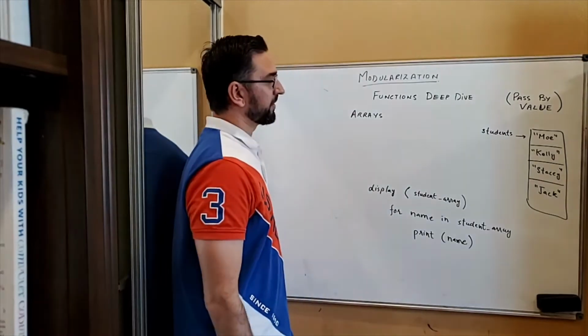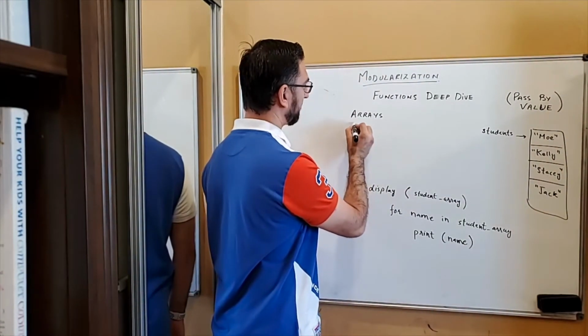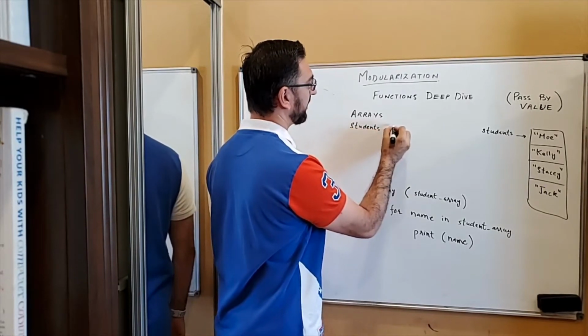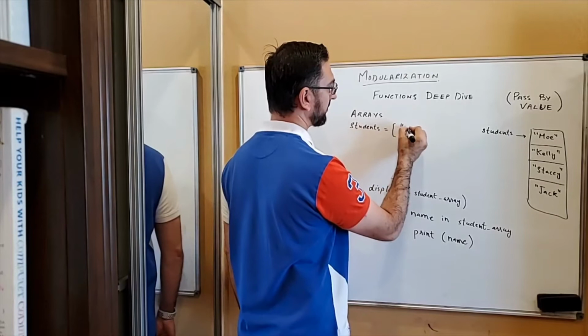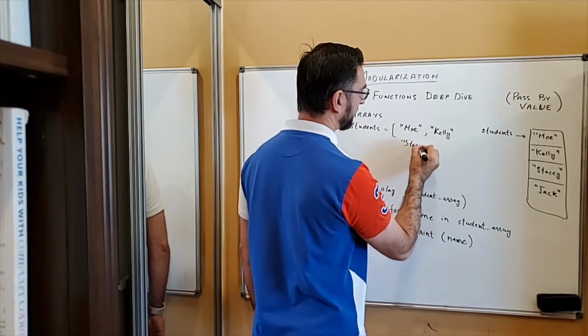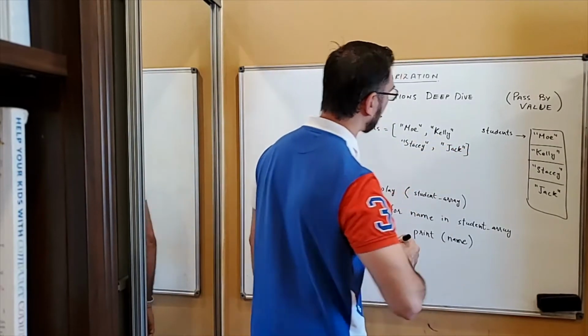All right, so in this case, if my program at the top defined the students array and puts in these values, Mo and Jack, okay, so that's my array.